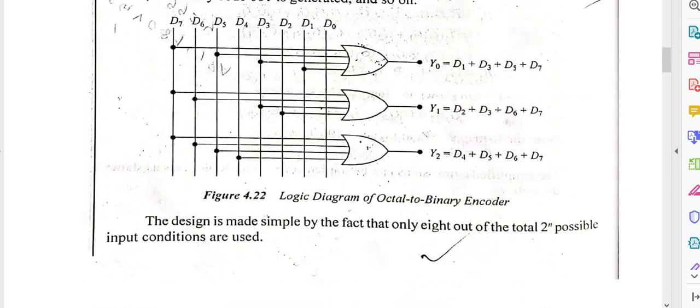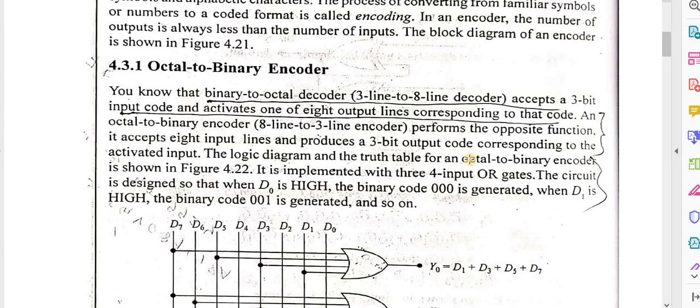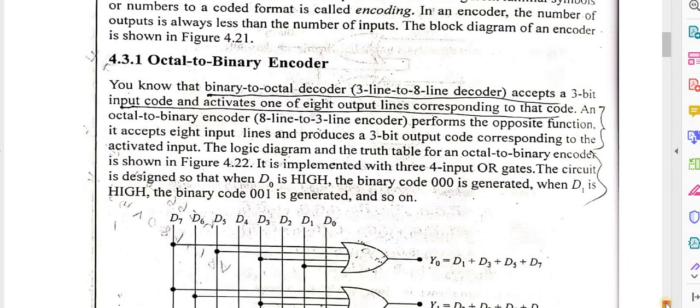So that is what we have written here, that the circuit is designed so that D0 is high when the binary code 000 is generated.